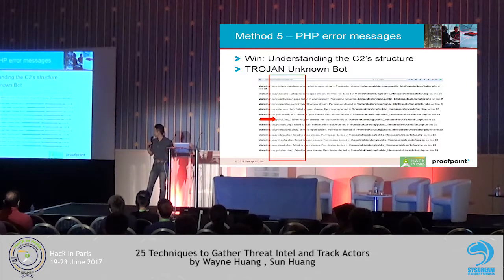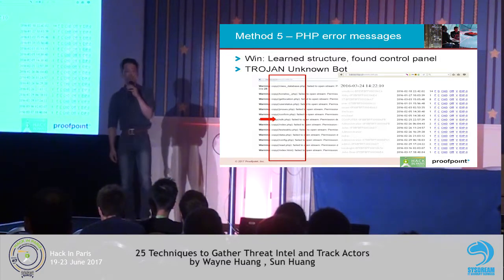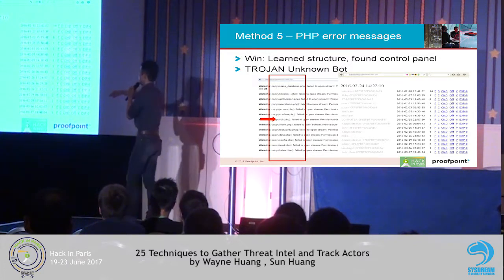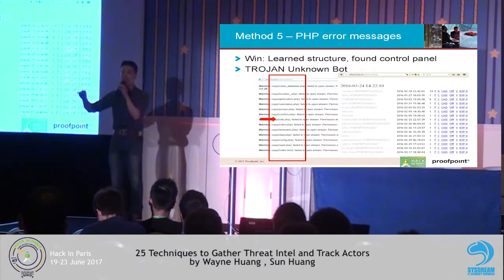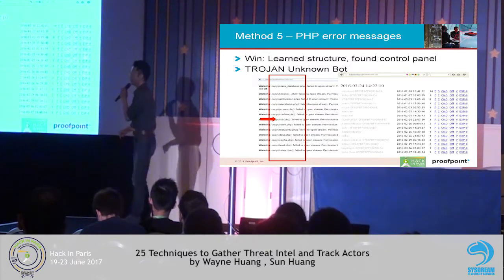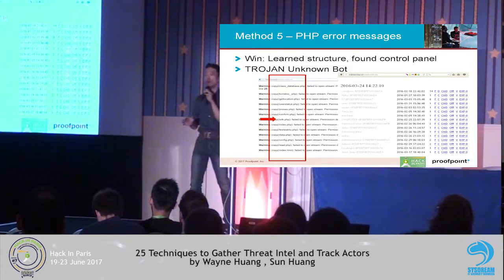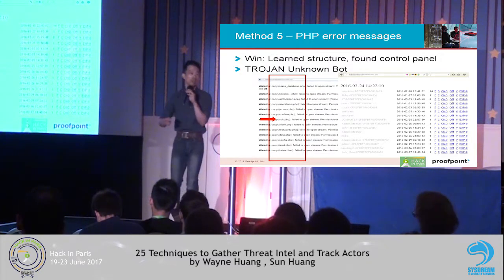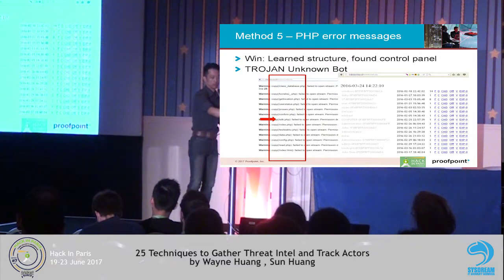And from here, you can see that we found SDK.php, which then led us to an unprotected command and control panel where we can see each one of their infections. We can send each infected computer a command or see what's been downloaded from that computer. Not password protected, all you needed to do was to figure out that URL, which we did through PHP error messages.